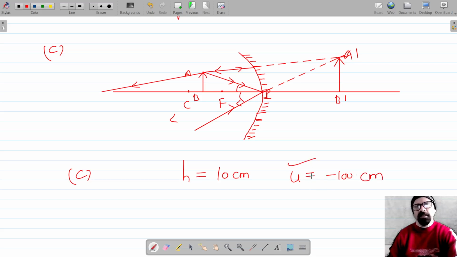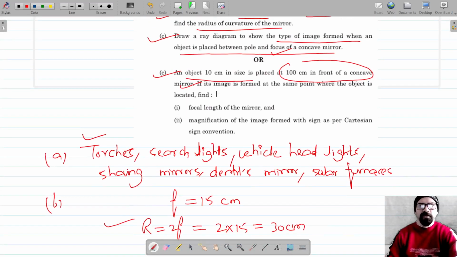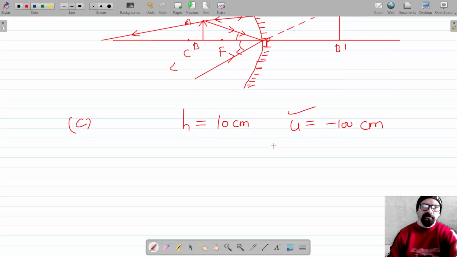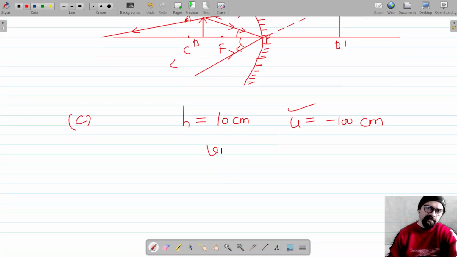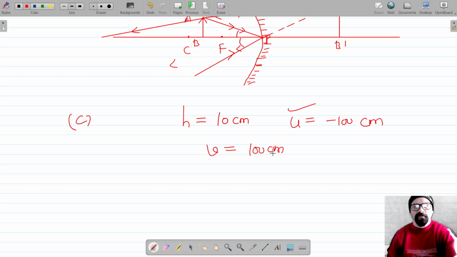So this is negative 100 centimeter. If its image is formed at the same point where the object is located, that means the image distance is also 100 centimeter. And because it's formed at the same point where the object is located, it's also negative.